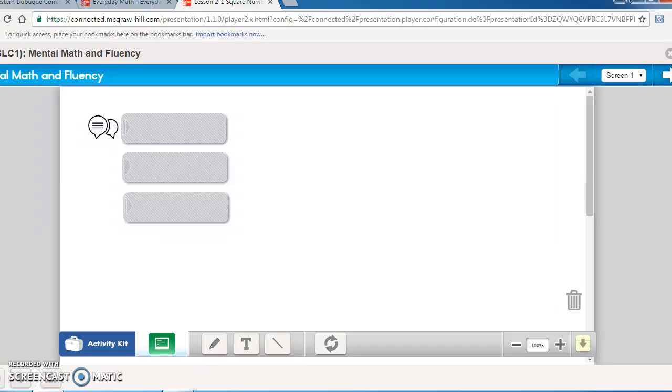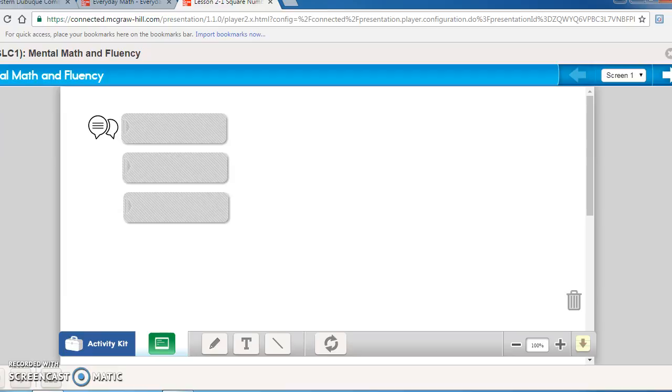What I'd like to start with first is building arrays. So make sure you have out your Math Masters, page 51, and 40 centimeter cubes. They're like a dice. We're going to explore factoring numbers using a concrete model, meaning a hands-on model. And we're going to build those arrays and find the total number of centimeter cubes for each array.